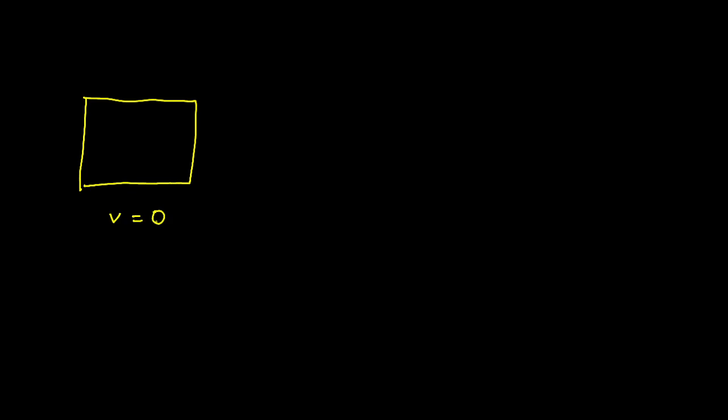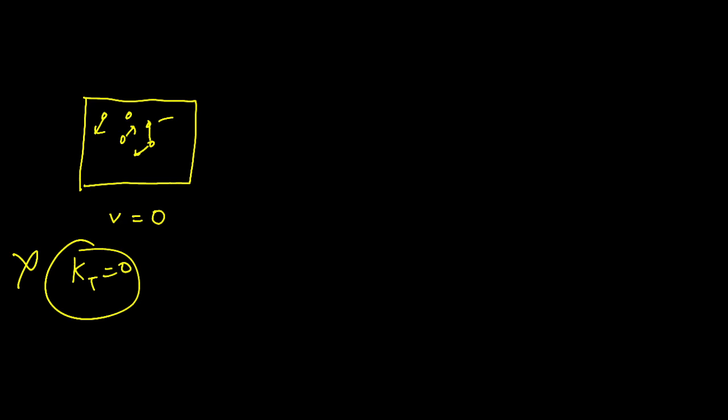You understand what I'm saying? But that does not mean that kinetic energy of translation is zero. That is nonsense, it is not zero, because the molecules inside would be going here and there. Do you understand what I'm saying?